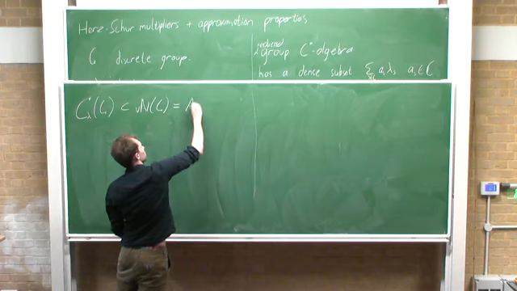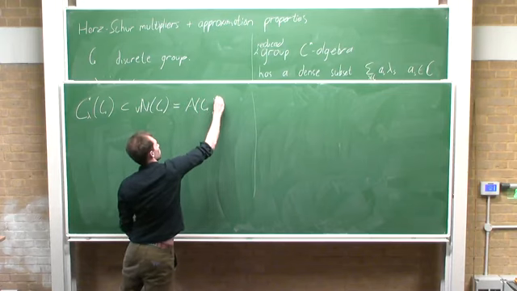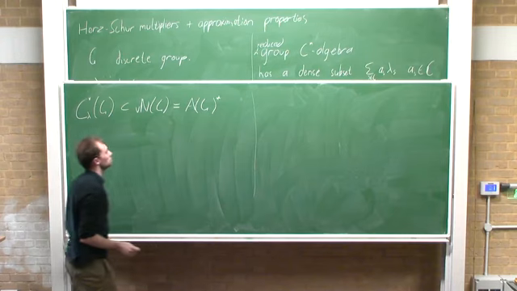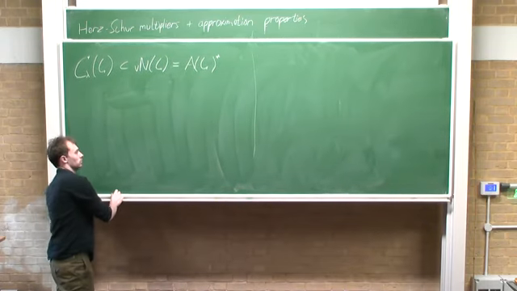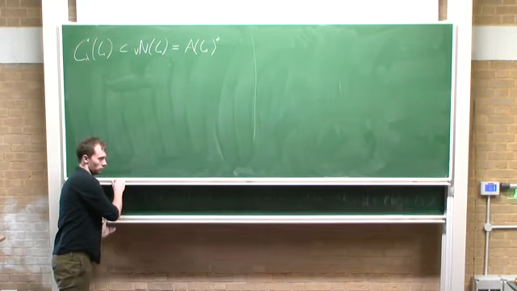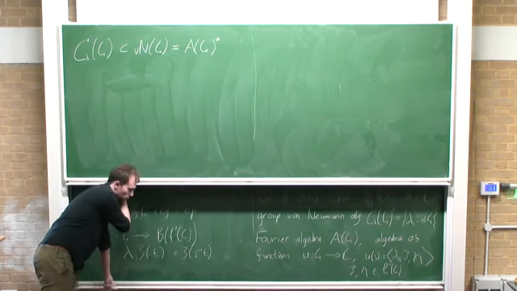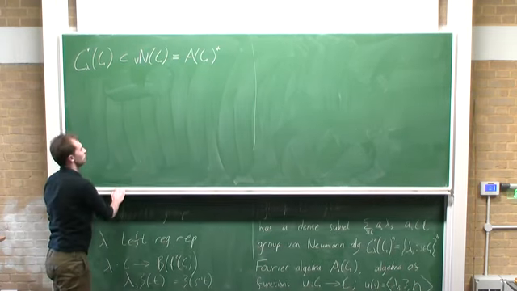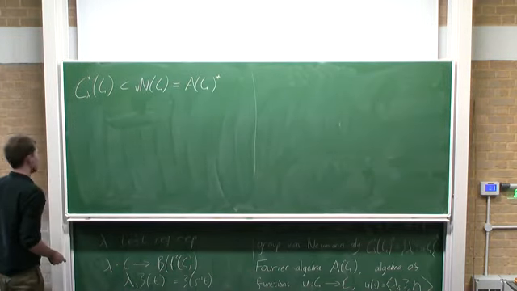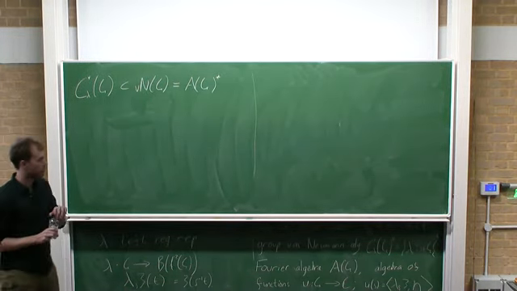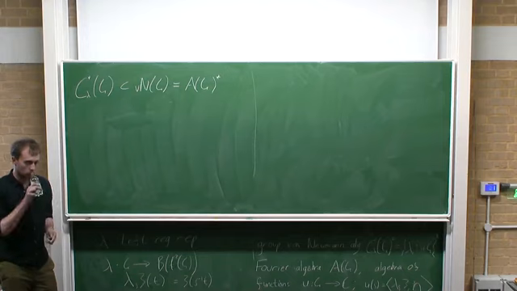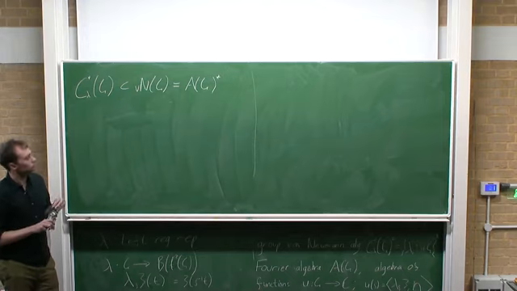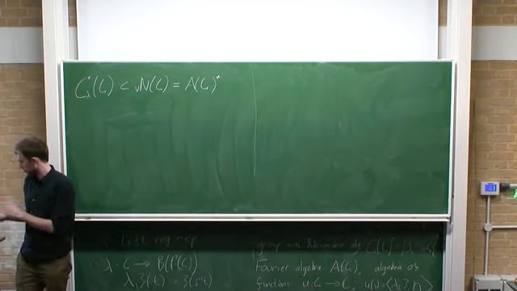The group von Neumann algebra is the dual of A of G. So having defined all these spaces, we're interested, or at least I'm interested, in knowing what properties of the group these algebras capture.